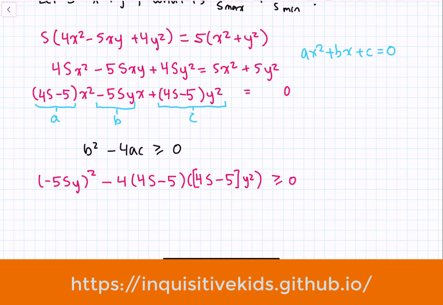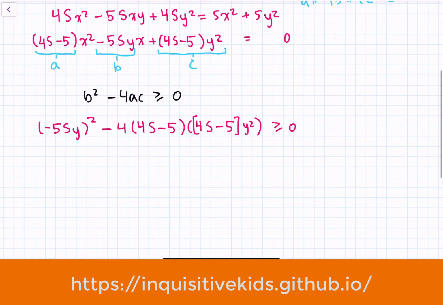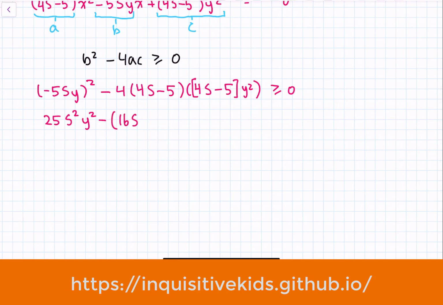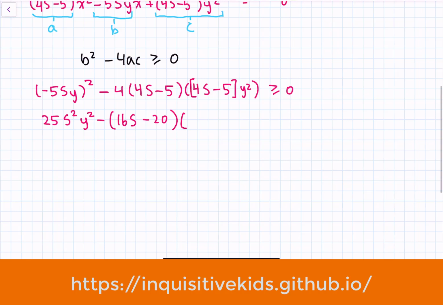Now we definitely have to simplify, so we have 25 s squared y squared minus 16s minus 20 times, we're going to distribute that y to get 4sy squared minus 5y squared, is greater or equal to 0.